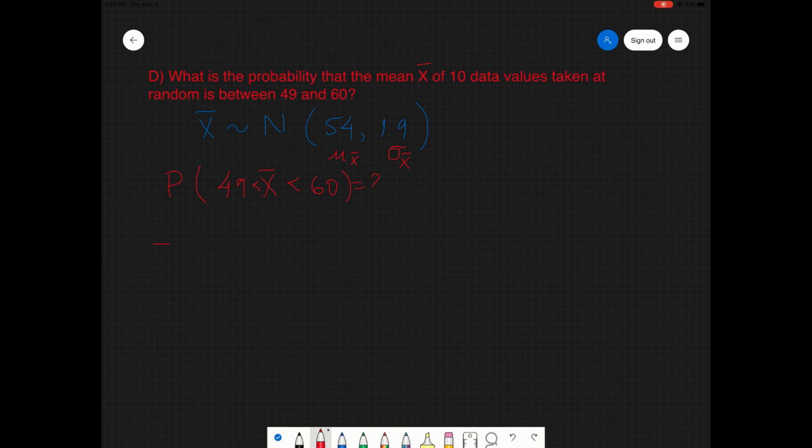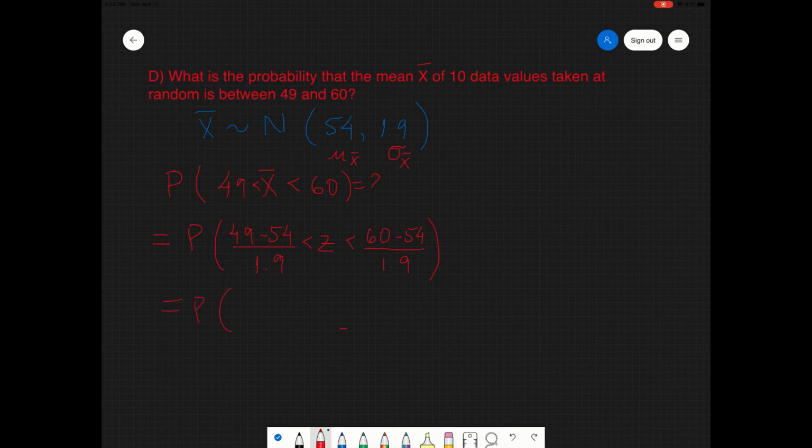So the probability that X bar is between 49 and 60 is the same as the probability that, when we convert these values to z-scores, the z-score is between the z value of 49, which is 49 minus 54, divided by the standard deviation of the sampling distribution, which is 1.9, and the z-score of 60, which is 60 minus 54 divided by 1.9.